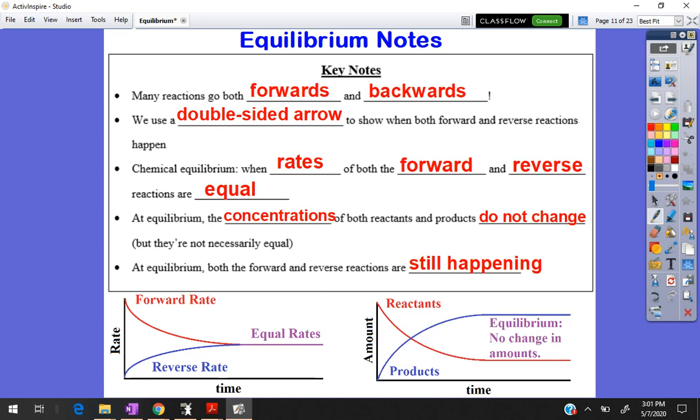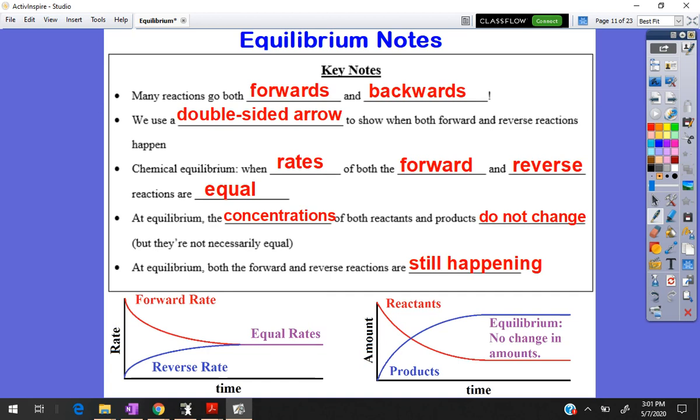Chemical equilibrium is when the rates of both the forward and reverse reactions become equal. We've previously talked about reaction rates and different factors that can affect them. If we manipulate the rates, yes, that means we can change our equilibrium positions. But if we allow the reaction to occur as normal, when those rates in the forward and reverse direction become equal, we've achieved equilibrium.